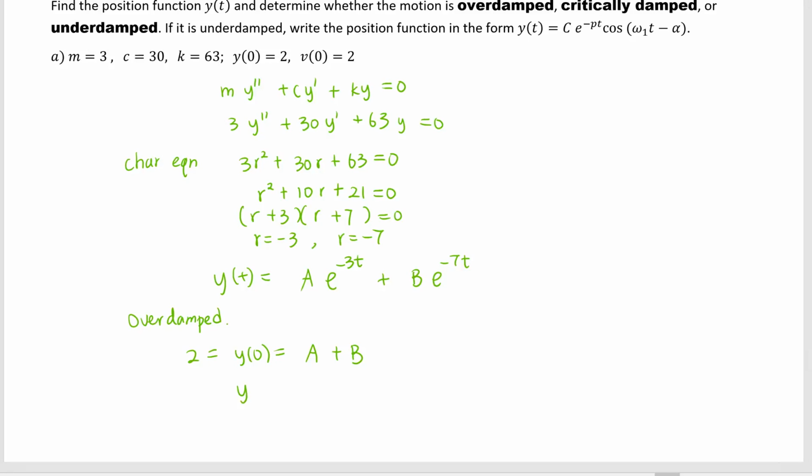Okay, for y prime, let's differentiate. The derivative is negative 3a e to the negative 3t minus 7b e to the negative 7t. Okay, so when we plug in 0, what happened? Negative 3a, negative 7b equals to, what is that? y prime is velocity, which is also 2.